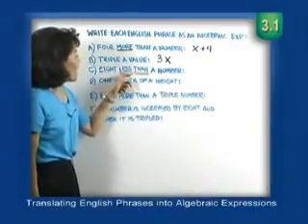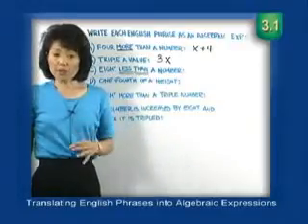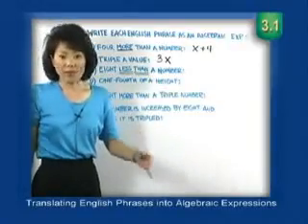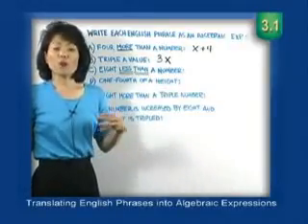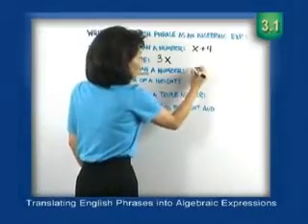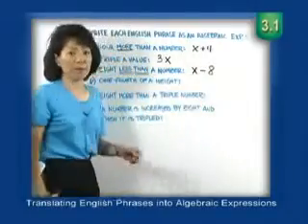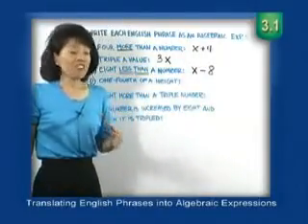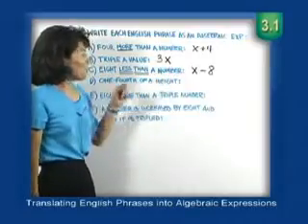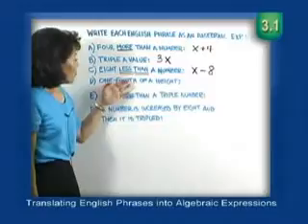8 less than a number. So would you agree with me that we take our number and take 8 away from our number? So our expression would be, here's our number, and here's 8 less than our number. If you were thinking of the other way around, or 8 minus x, that would have been written this way.